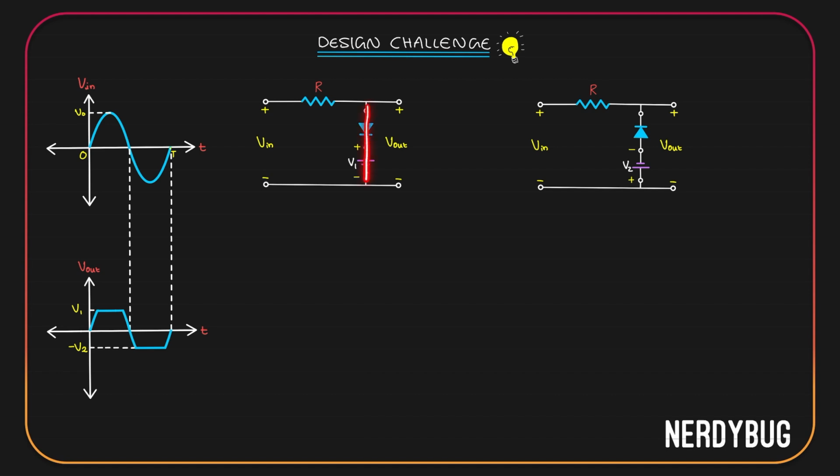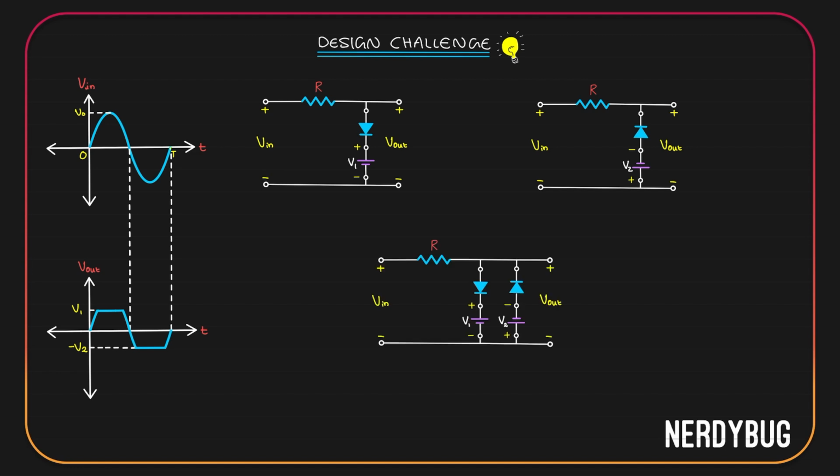Check out this branch. Its upper end should be connected to the resistor over here. Its lower end is connected to the negative of the input. Same way, in the second circuit also, if you check out this branch, this point is connected to the resistor, this point is connected to the negative of the input.